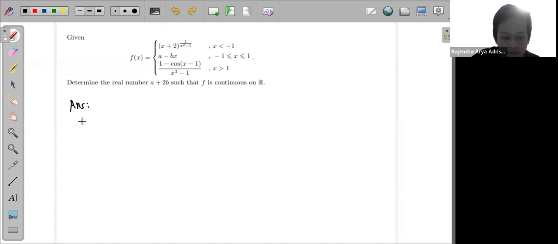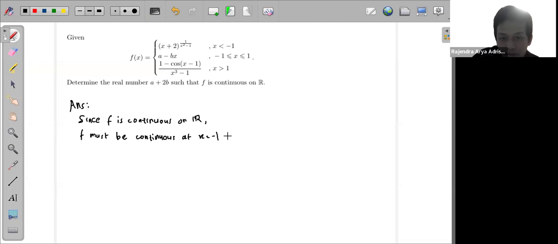So, say thus, since f is continuous on R, f must be continuous at x equals -1 and x equals 1.